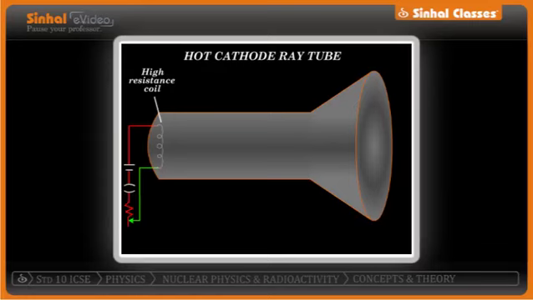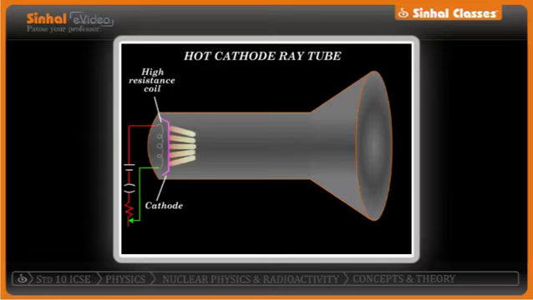This high resistance coiled coil indirectly heats an electron-rich cathode plate. By the process of thermionic emission, thermions are liberated.